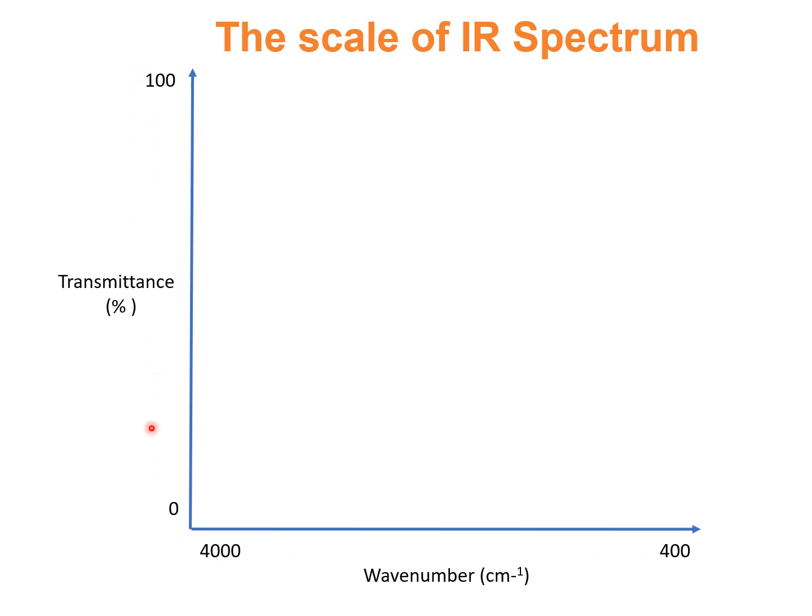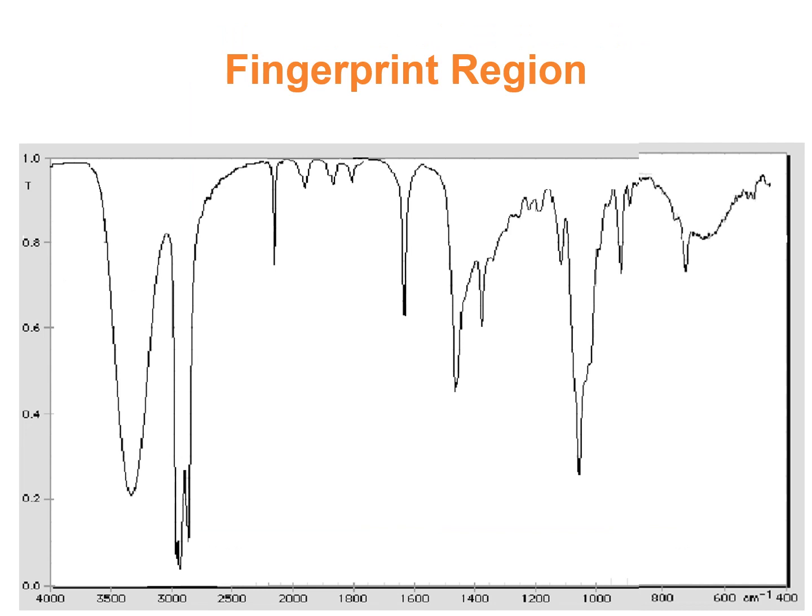IR radiation is weak, so absorbance is weak, transmittance is strong. So on the y-axis there is a plot of percentage transmittance. So IR spectra looks reverse than the normal spectra generated by say UV, NMR, MS. Peaks in these techniques, they are straight, while in IR they are inverted.